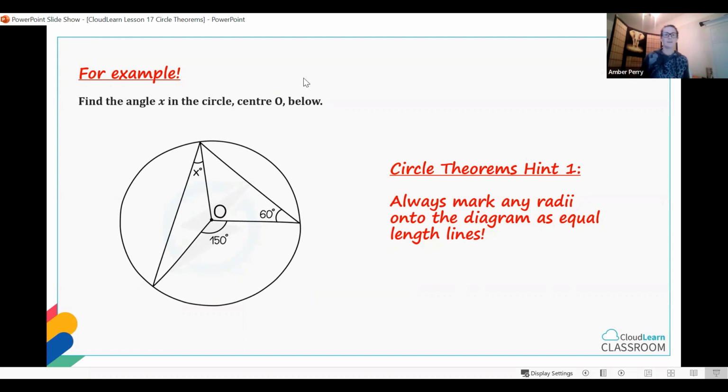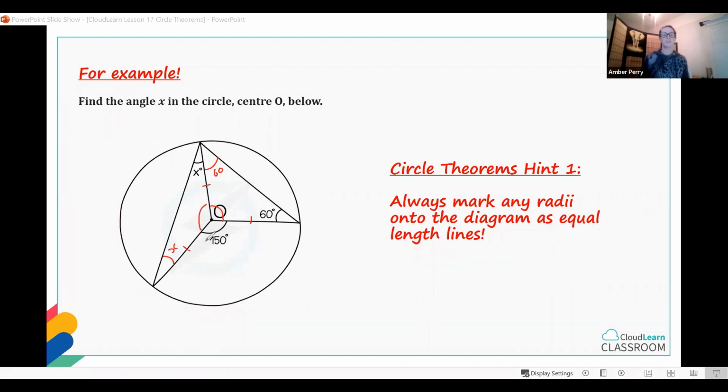If I mark those radiuses, radii, as equal length, I can instantly see, well, this is an isosceles triangle, so that must be 60. This is an isosceles triangle, so this angle must be x, okay? So I can instantly start to work out these angles. I know from there, that's 60 and that's 60, they add up to 120. I can work that out because they're in a triangle. Okay, I can work that out, and then I can work out the rest.